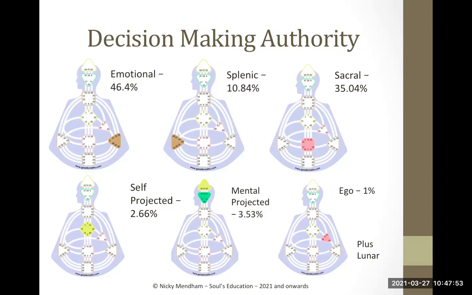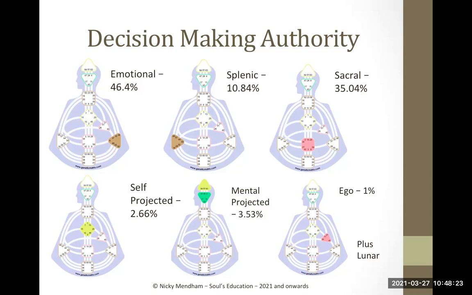With this particular type of person, if you know somebody who is ego decision making, it's just important to be the sounding board. You don't need to offer them advice or any information. They can come up with that for themselves, but they just need that engagement. They just need to get the words out of their mouths to hear that loop back to be able to make a decision.